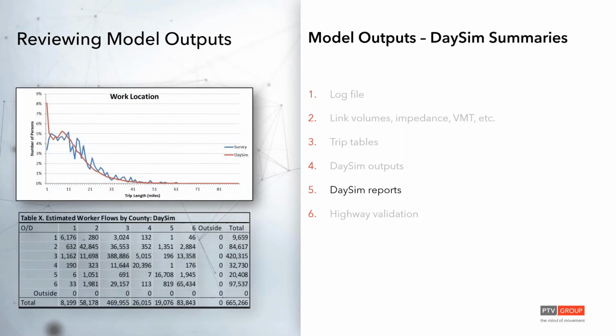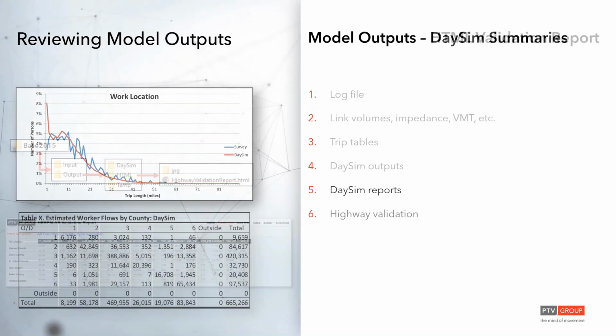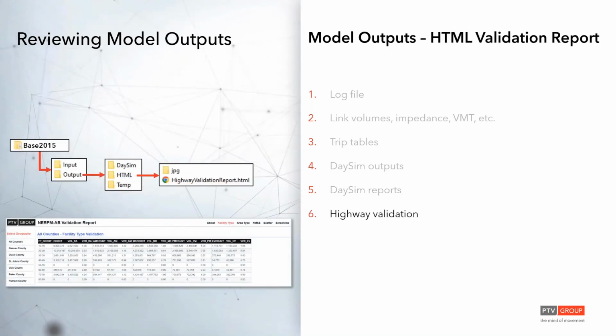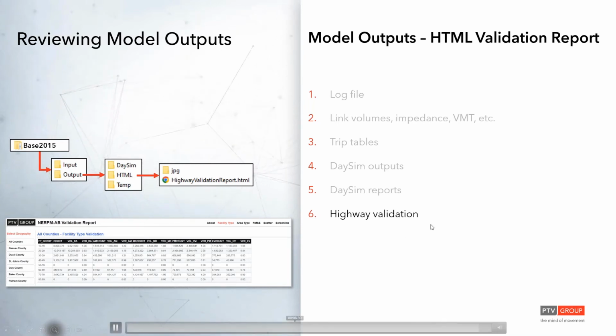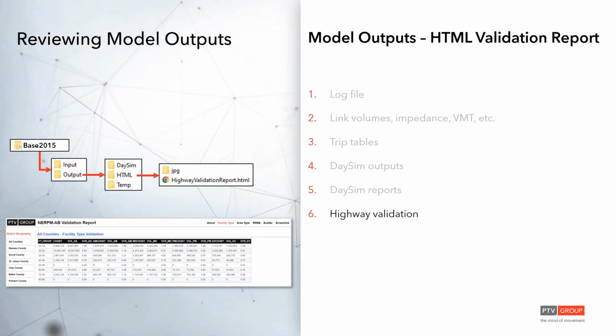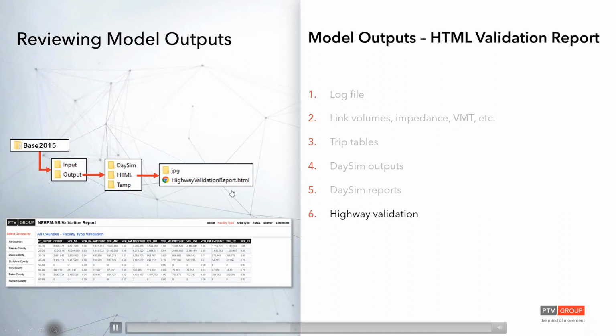Another thing that you might want to look at is highway validation. We did some level of highway validation using the version file, but NERPMAB also has an inbuilt highway validation procedure where it creates typical highway validation summaries that you might want to look at, and all that is put together in a standalone HTML report.